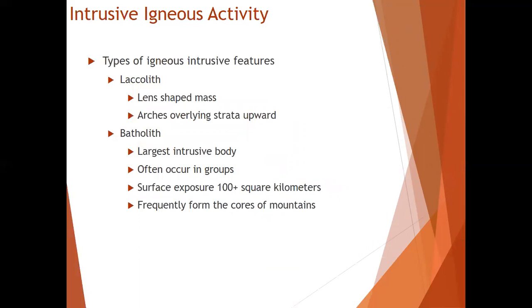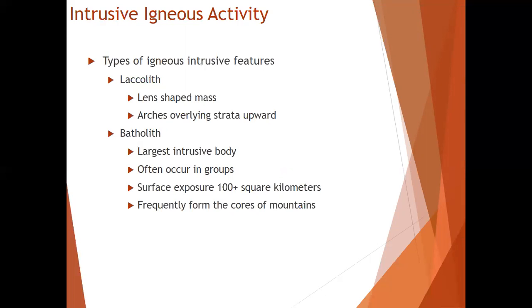There are a few other types of intrusive igneous activity that we should mention. One is a laccolith. This one is a lens-shaped mass, and when it forms, it may go underneath other layers, pushing the strata above it up and kind of curving them over top of it.